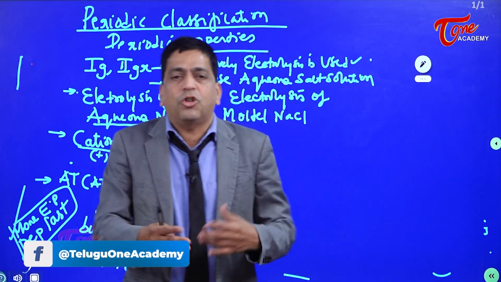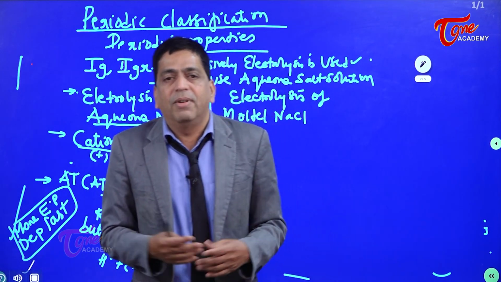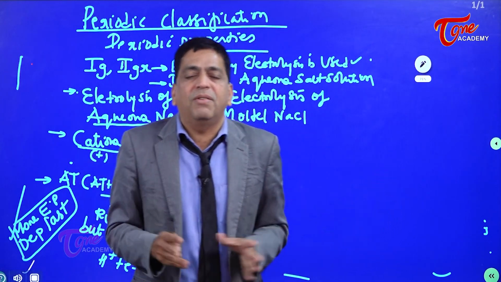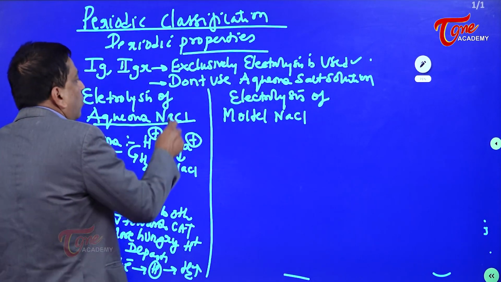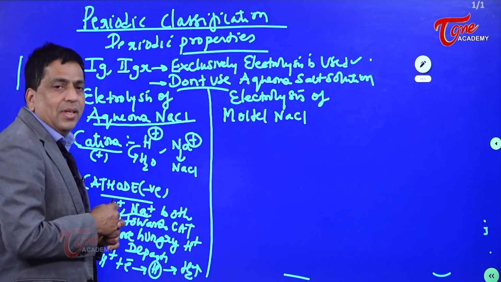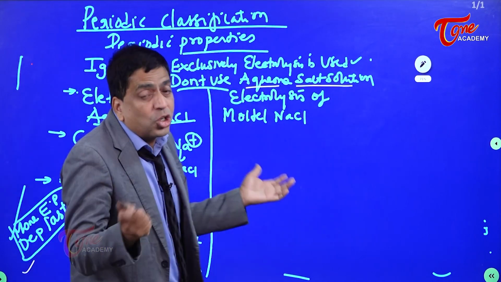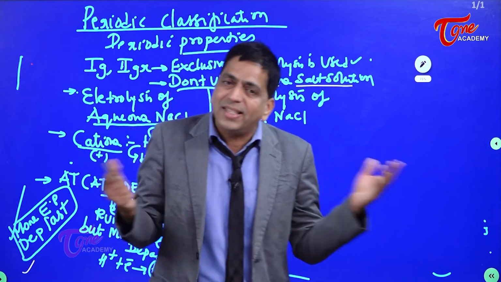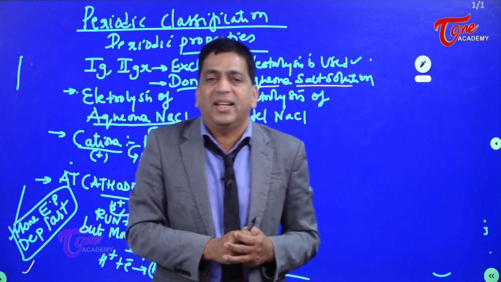That's where you need to extrapolate your subject when you're preparing for JEE or medical entrance examinations. One sweeping statement I want to make is: don't use aqueous salt solutions for extraction of first group and second group elements, because it is always the hydrogen which is liberated at cathode, not the first group and second group elements.